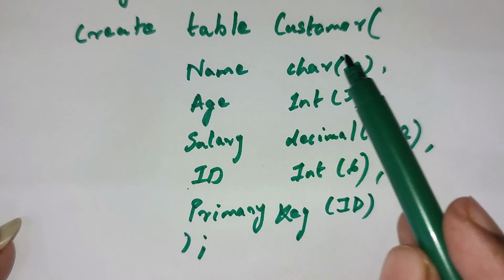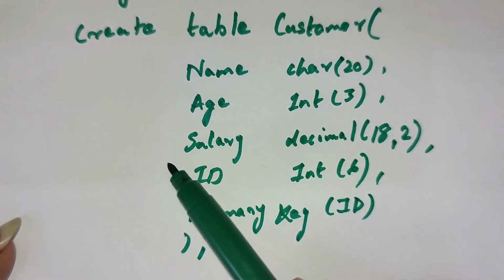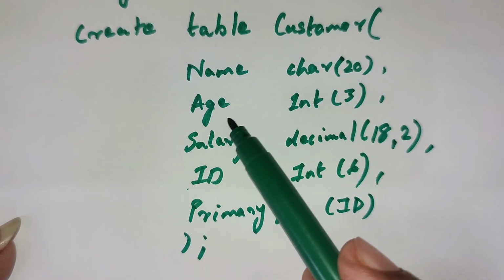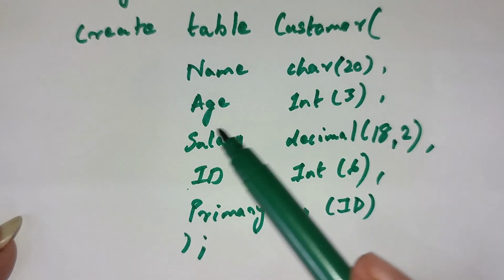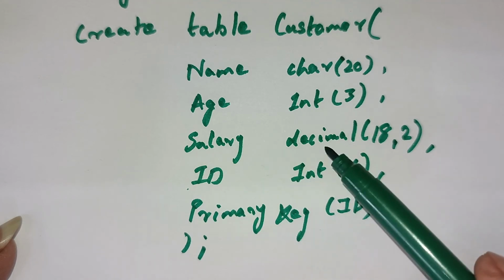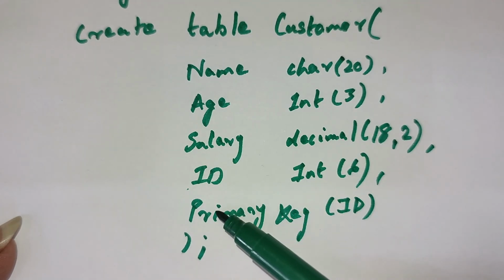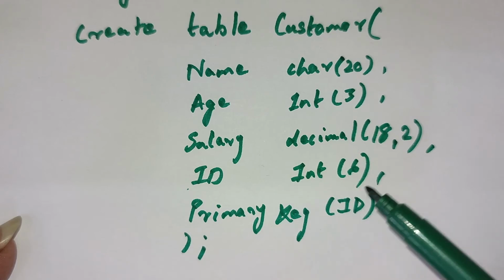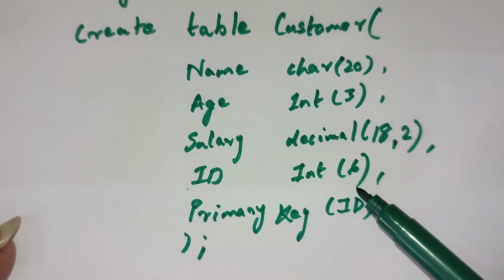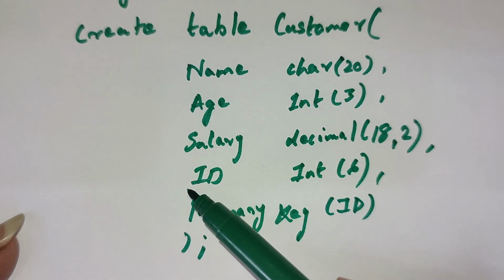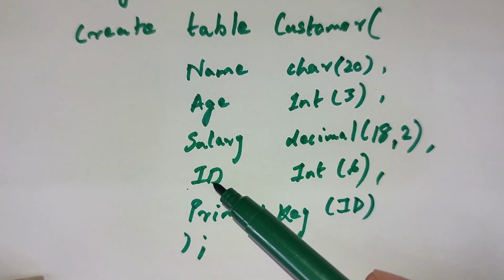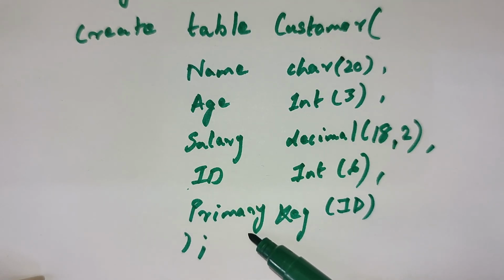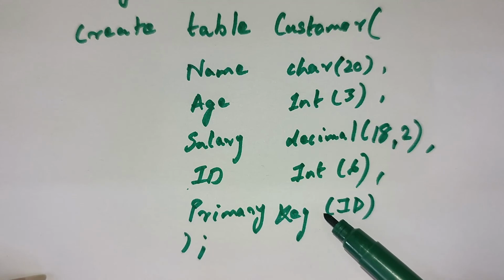I want a name which will allow up to 20 characters, and the age column defined as an integer to accept a maximum of 3 digits. Salary, that's a decimal I have designed. And for ID, it's again an integer defined for 6 digits, and obviously since the ID won't be the same for more than one customer, it will be unique for each customer. So I have designed the primary key to be the ID.